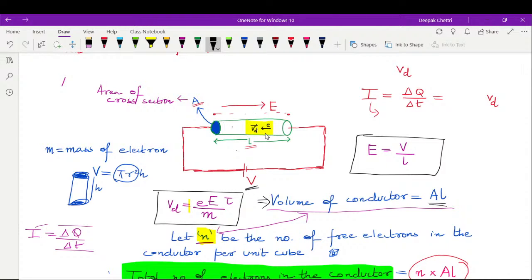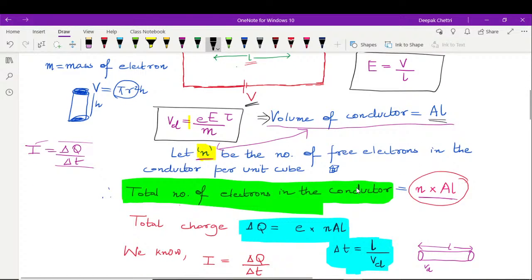So if I want to find the total number of free electrons in this conductor, I multiply that small n with the total volume, and I'll get the total number of free electrons.